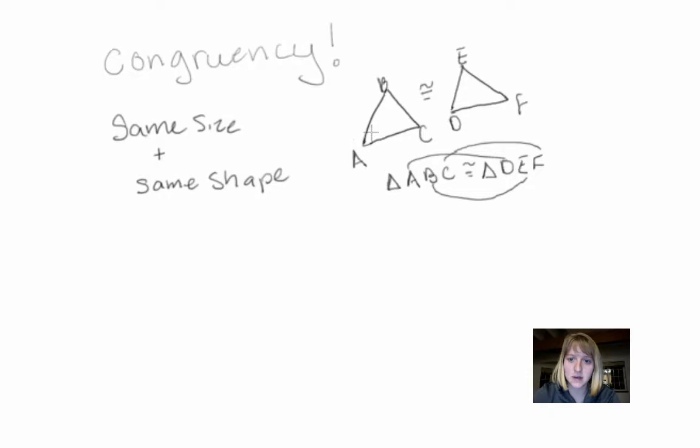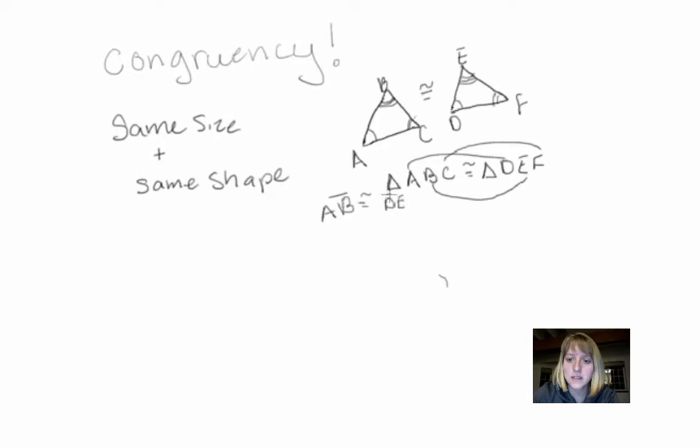So basically we know that A is congruent to D, and C is congruent to F, and B is congruent to E. Similarly, we can say line AB, or side AB, is congruent to side DE.